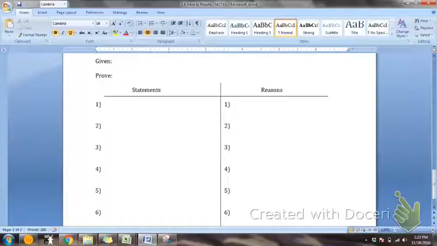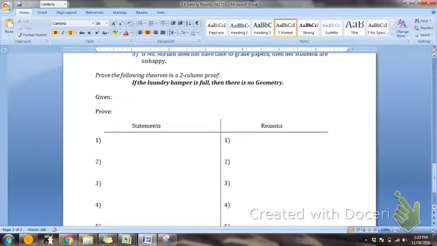Okay, so first of all, we need to figure out what information is given to you. Well, the information that is given to you is always what comes after the word if. So the laundry hamper is full is what's going to be given, not the word if, but whatever comes after the word if.